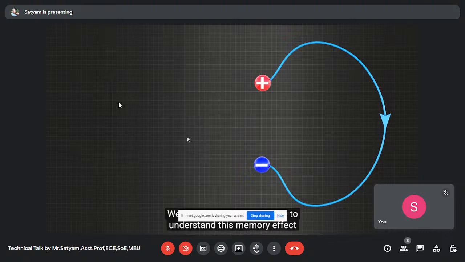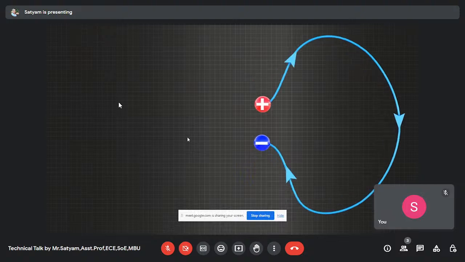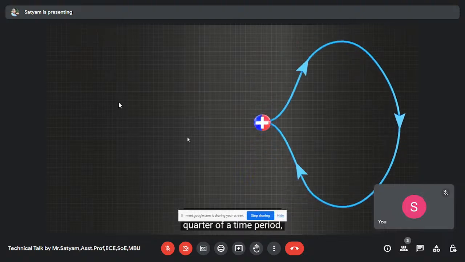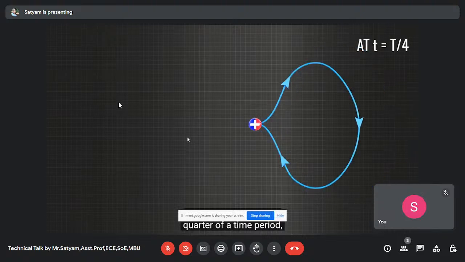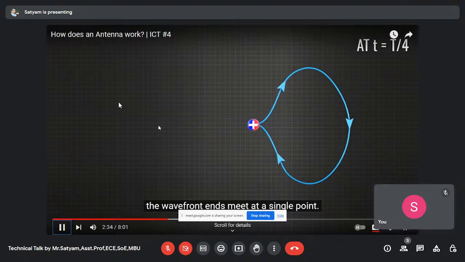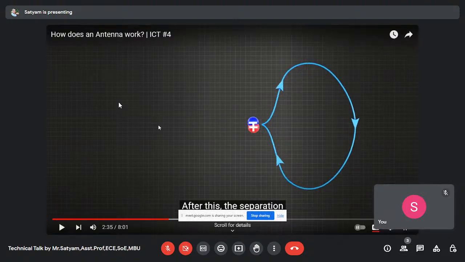We need to spend some time to understand this memory effect of the electric field, or kink generation, of accelerating or decelerating charges. We will discuss this interesting topic in more detail in a separate video. If we continue our analysis in the same manner, we can see that at 1/4 of a time period, the wavefront ends meet at a single point. After this, we will see the separation. This is how waves are separated.